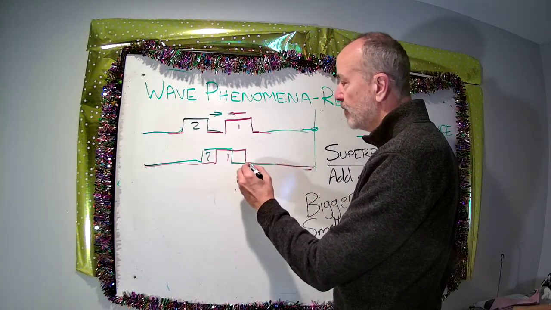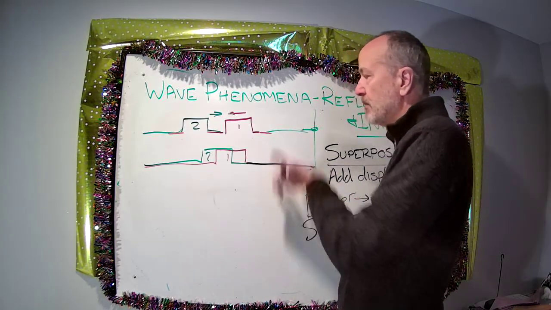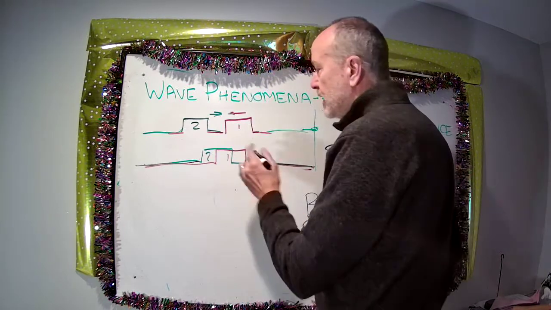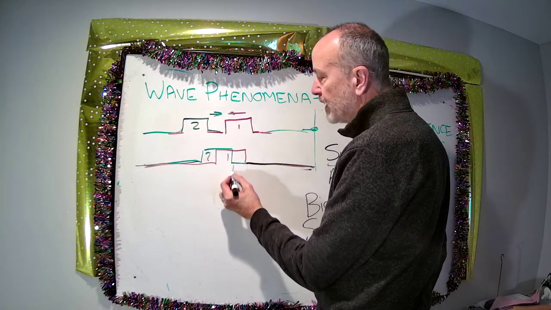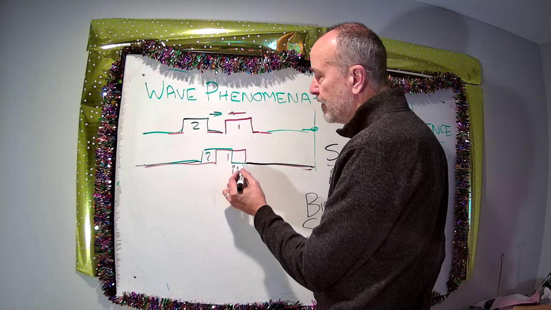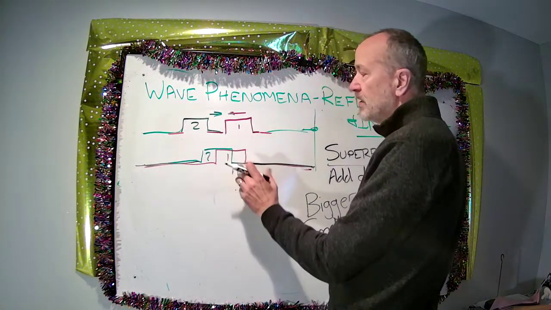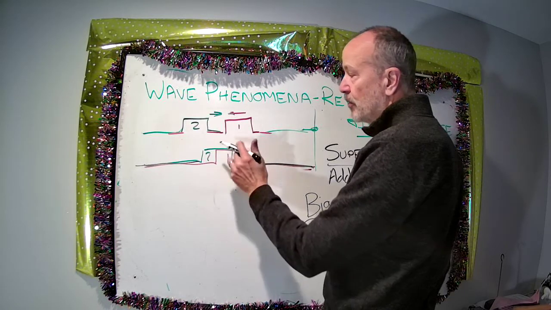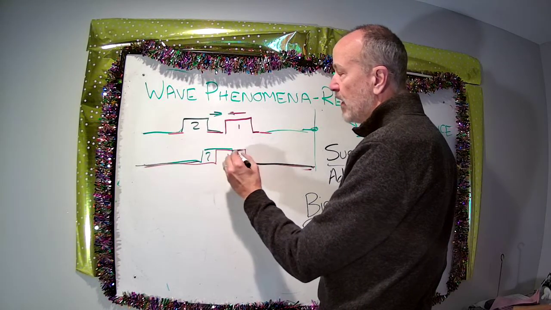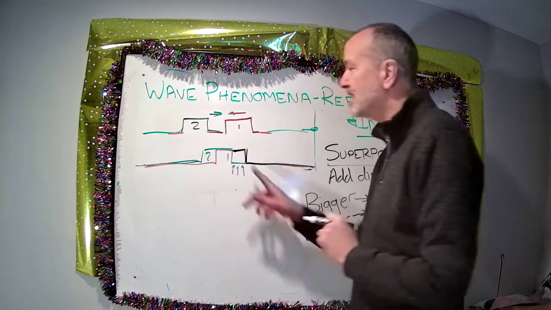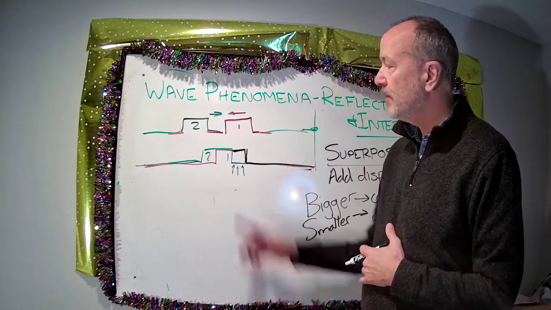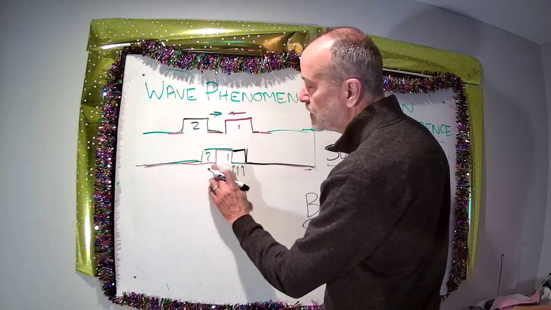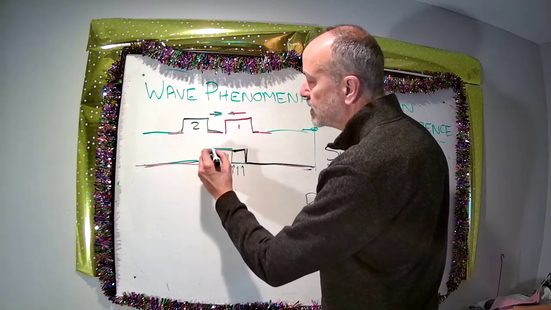Neither wave pulse is trying to make the string move this way or that way. So no displacement. In here, any point I pick in here, there or there or there, the total displacement would be 0 from the green one and this amount from the red one. So 0 plus this ends up being this. So it ends up following, basically tracing the same position that pulse 1 had. Same thing over here, 0 plus this ends up being this.